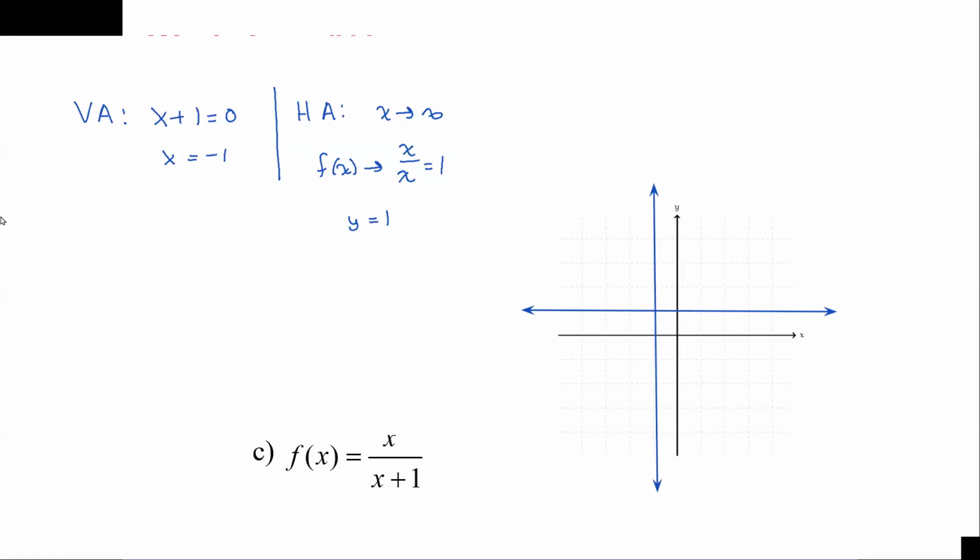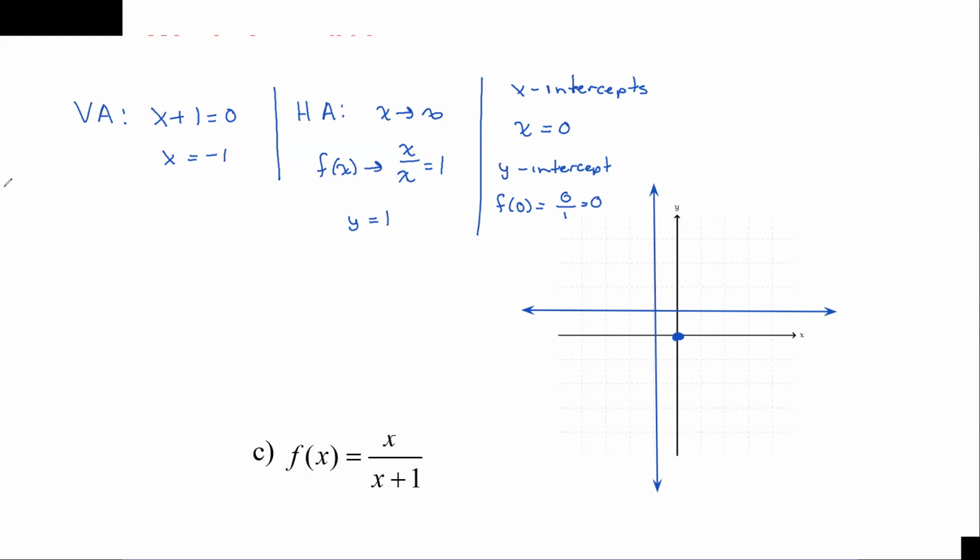Now my x-intercept is easy. Where is the numerator equal to 0? There it is at 0. So this is also a y-intercept, because f of 0 is 0 over 1, which is 0. They just share that same point.